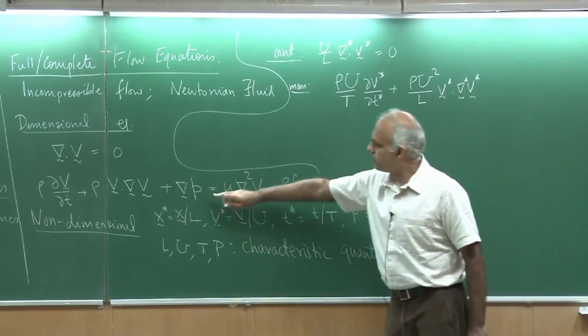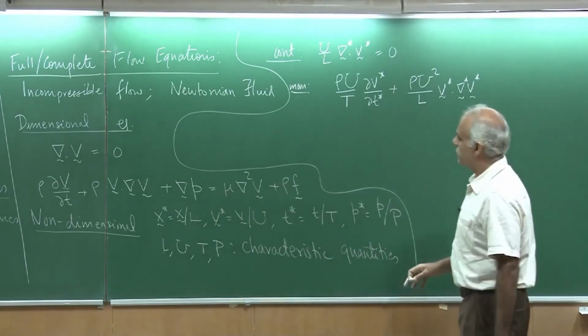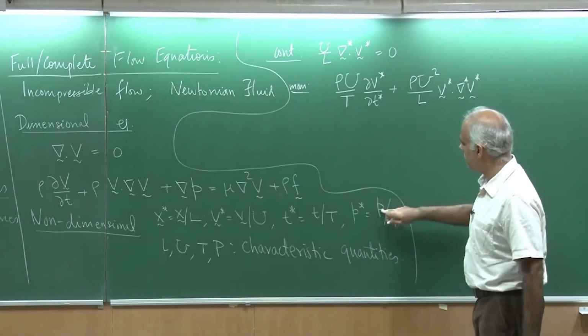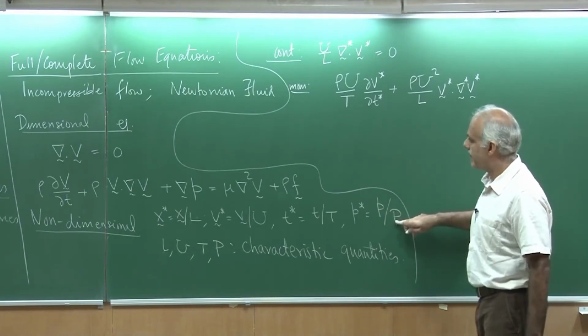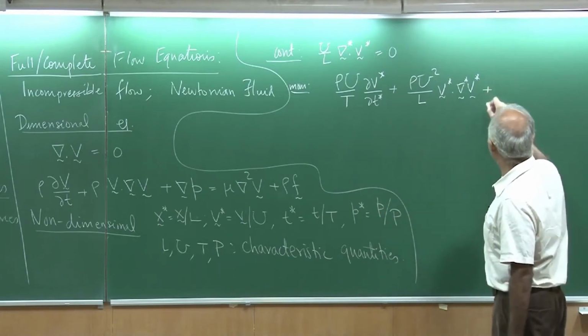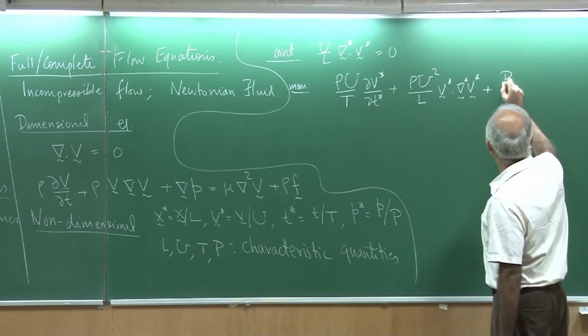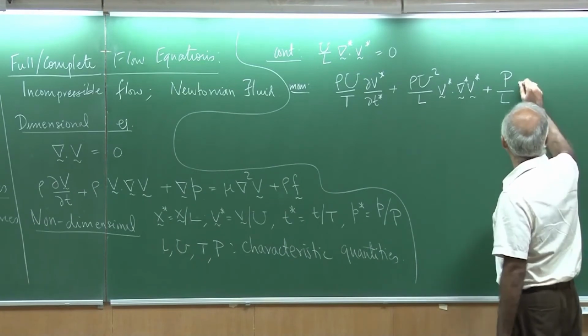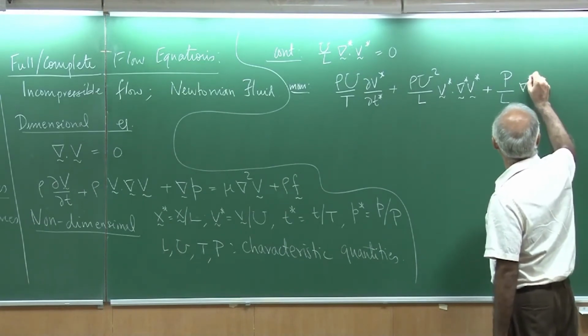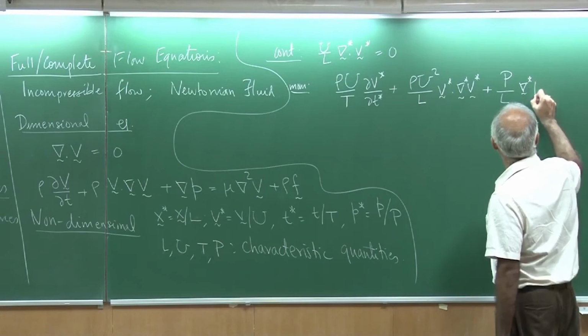I do the same thing for the gradient of pressure. For P, I can write it as P star times a capital P, and therefore I would get plus an uppercase P divided by an L from the gradient operator. So this would be gradient star P star.